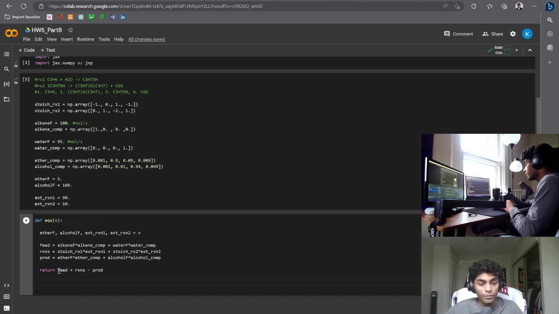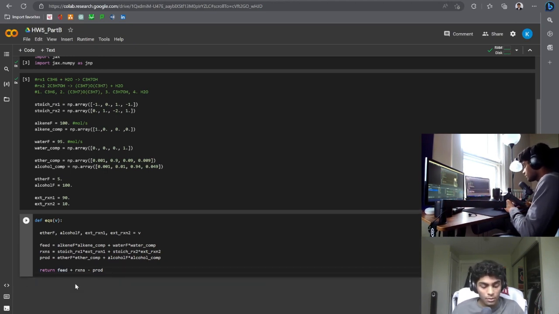So if we take our feed and add the reactions, which will be positive or negative depending on what the stoichiometric coefficients are, and minus our products, well, if we are following the conservation of mass, the return for this function should be 0. So could put a note here, it should be 0.